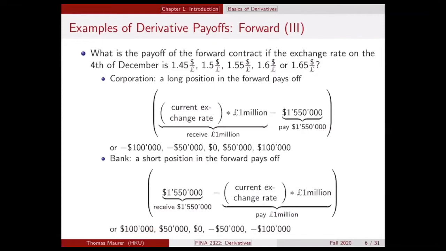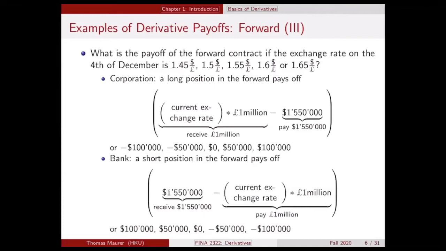And that makes a lot of sense, right? Because we just said before, the corporation, which has a long position, effectively has to transfer $100,000 to the bank. And so you see here that these forward contracts at that maturity date, the payoffs are always a zero-sum game. So one position gains something, one position loses exactly that amount which the other party gains.